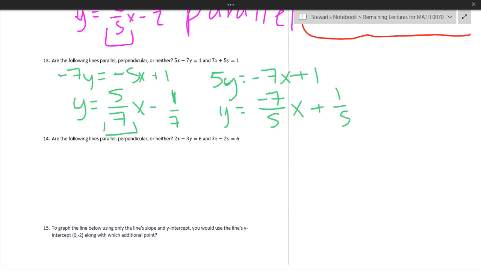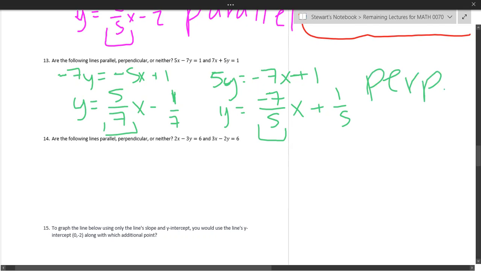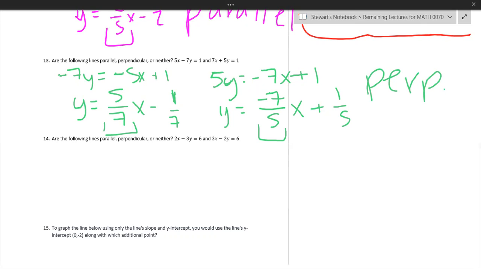So if you compare these two, we have 5/7 and then -7/5. Well, 7/5 is the reciprocal of 5/7, and then the opposite of that would be -7/5. So this is opposite reciprocal. So these two lines would be perpendicular, which means that they intersect each other at a 90-degree angle.